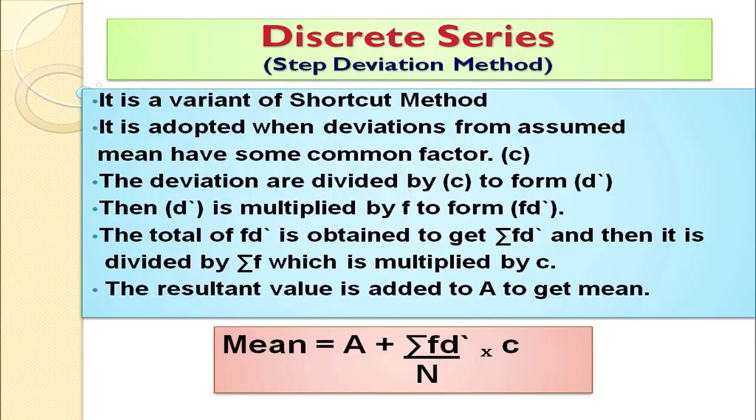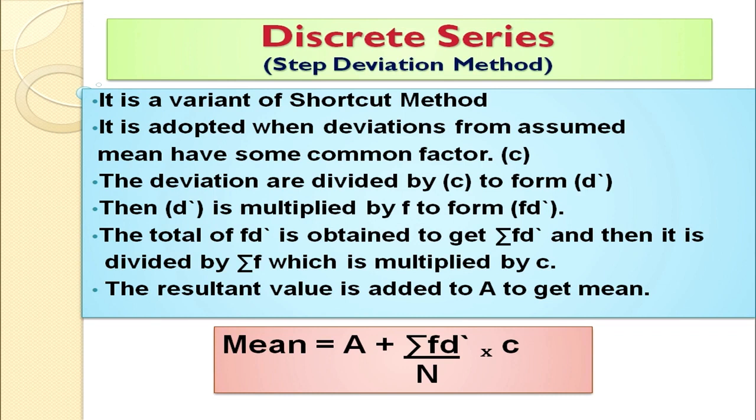It is adopted when we can divide the deviations by some common factor, that is C. That means the deviations are such that they are coming in tens, like 10, 20, 40, 30, 20. So, we can divide the whole deviations by 10. So, we have a common factor to divide by.